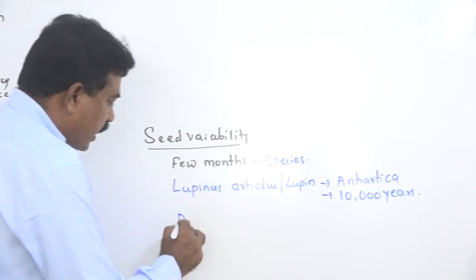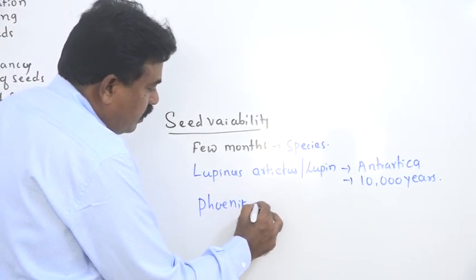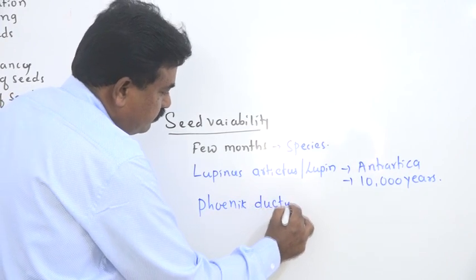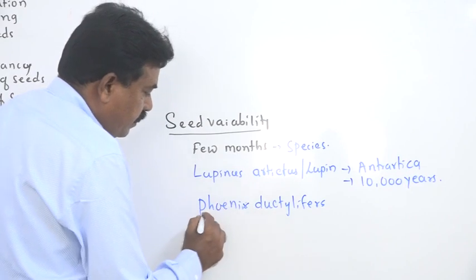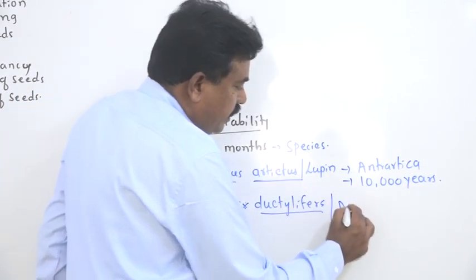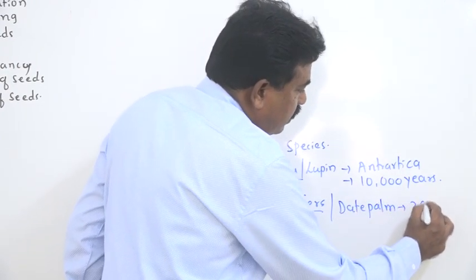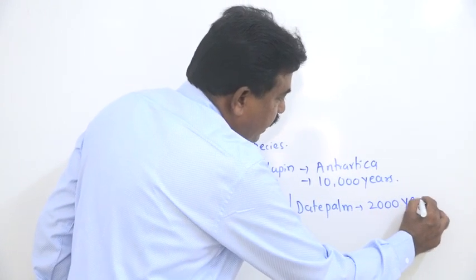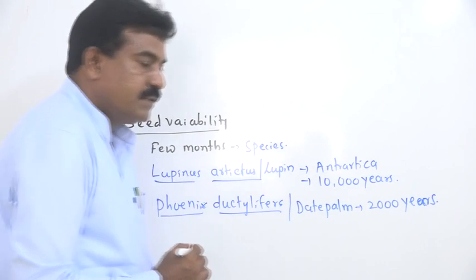Like that, Phoenix dactylifera, we call date palm, whose seed has a viability of about 2000 years.